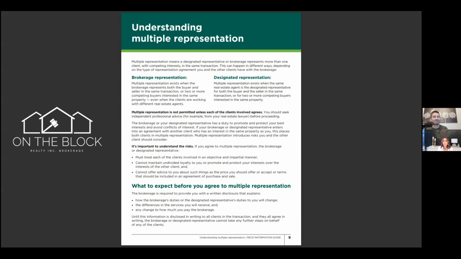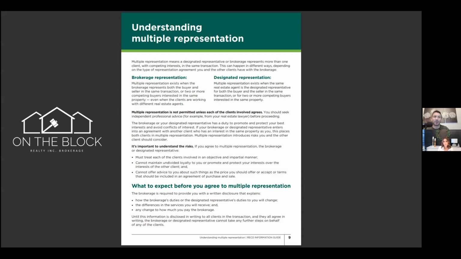Multiple representation cannot occur without the written consent of all clients involved. There are risks to consider before consenting to multiple representation. Because a designated representative must protect your best interests as a client, having two clients with competing interests limits the allowable service of that representative. In multiple representation, the designated representative or brokerage must treat each client impartially and objectively.